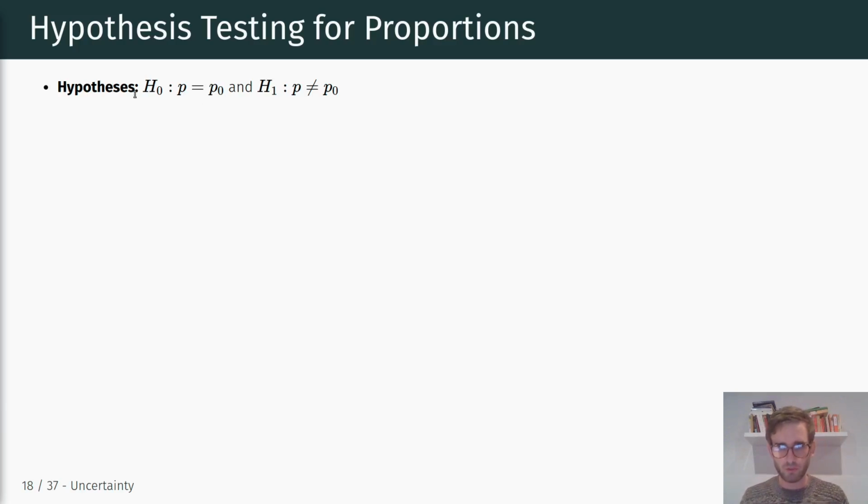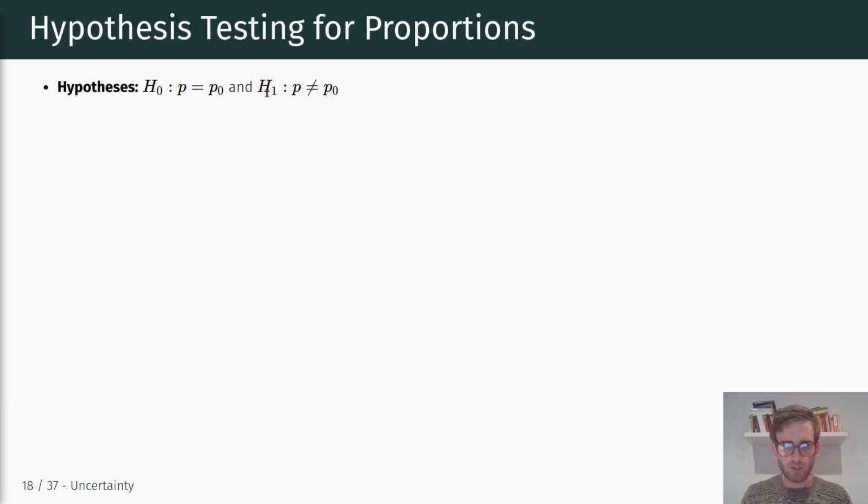There are two hypotheses, again, as always in this framework. We have a null hypothesis that the true population proportion p is equal to p0, which in our case could be, for example, 50%, or it could be 0%, or whatever. But in the case that we're going to look at, since it is in the context of election polling, it's going to be 50%.